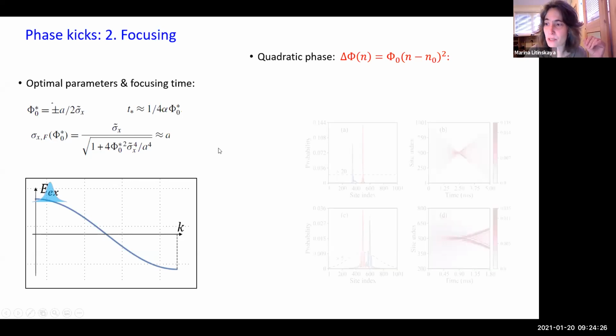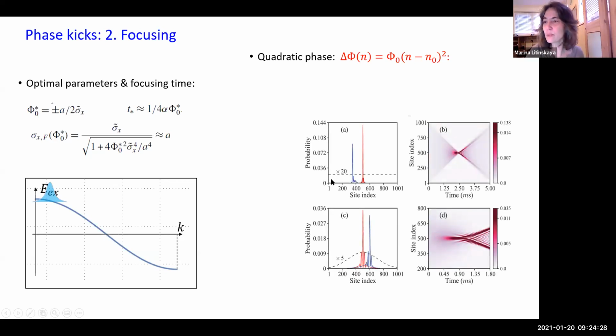And this is again the simulation. So we started with focusing a plane wave. This is a plane wave. And we apply such a quadratic phase transformation with n not equal to this site here. And you see that a plane wave in time t star focuses at a size close to one lattice site.